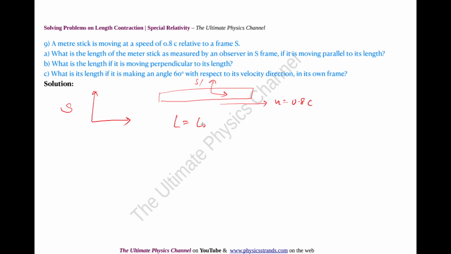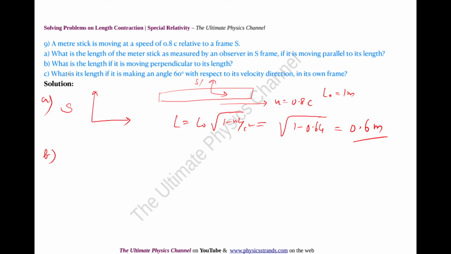L is equal to L naught times square root of 1 minus u squared over c squared. L naught is 1 meter because it is a meter stick. So L is going to be equal to square root of 1 minus 0.64, that is 0.8 c squared. That is 0.36. The square root of 0.36 is 0.6. So in this case, it is only 0.6 meters, the first part.